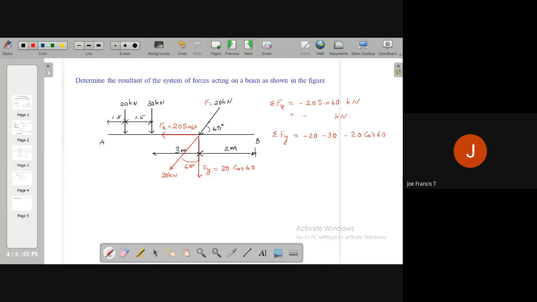Again, you get a negative value here, minus so much kilonewton. So you need to calculate this. Fx you will get as 10 kilonewton, and this will come around minus 67.32.